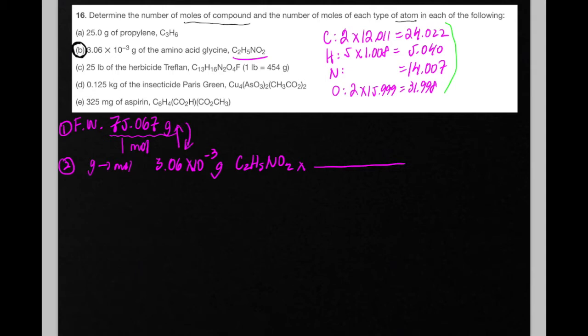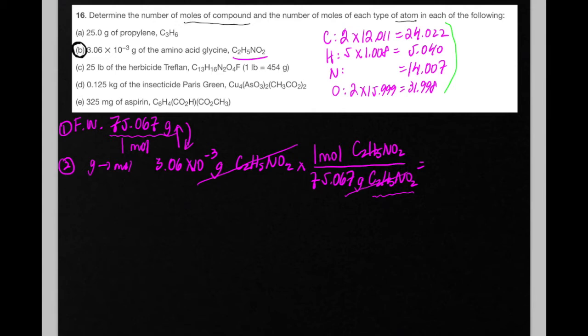Now we're going to have to flip that fraction over so that we have 1 mole on top of the fraction, and we have our grams on the bottom. Grams cancels. And I like to write the full chemical name so you can see that it's corresponding to this formula weight of the whole formula.